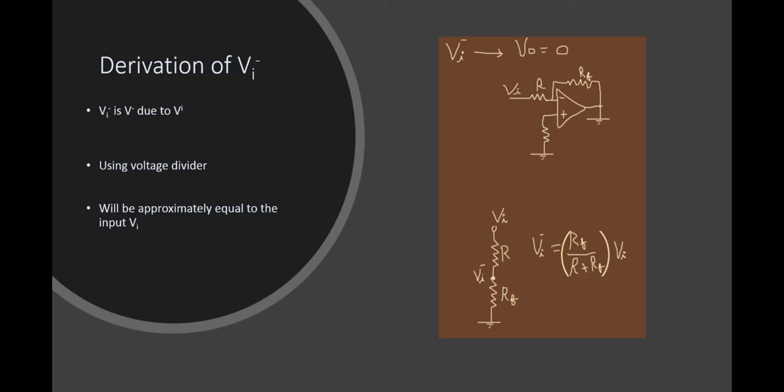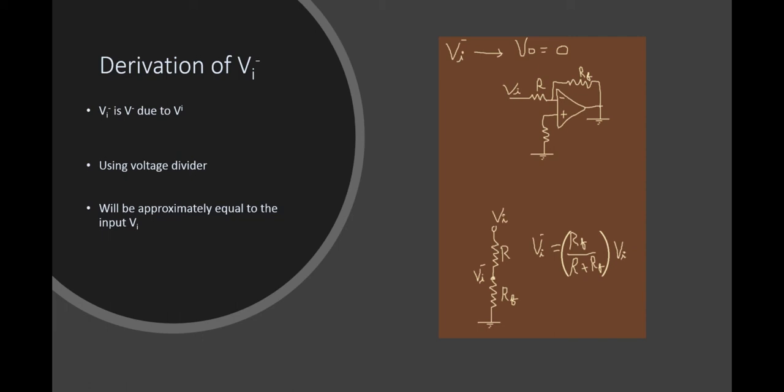So first we derive Vi minus, which is V minus due to the input Vi.